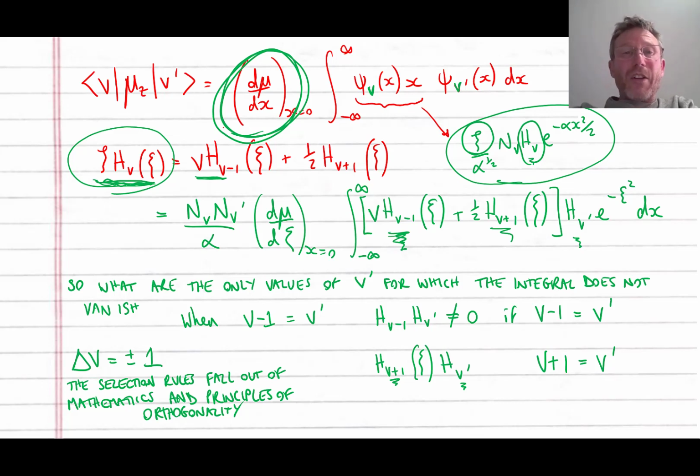It's by using this recursion formula, the properties of those Hermite polynomials, that allow us to simplify the integrals and demonstrate using orthogonality what the values of v and v' must be in order to get an observable spectroscopic transition.